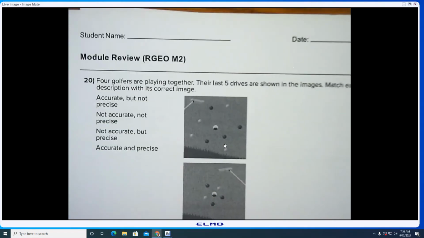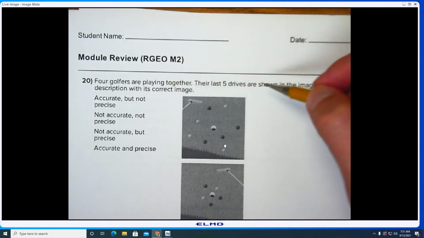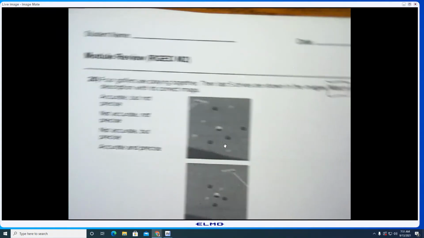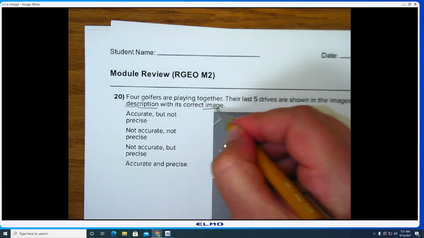Number 20, the difference between accurate and precise. Golfers, their last 5 drives, match each description with its correct image.